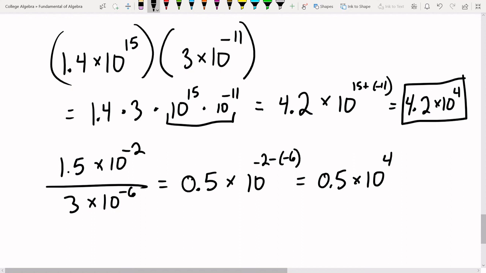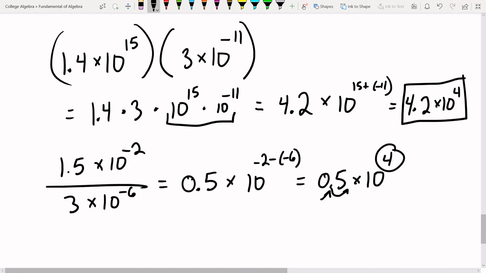This is not in correct scientific notation. That's because this decimal point is not right after the first non-zero number. The first number there is 0. So we actually need to move it. Move it one space here. Now, what does that do? That's going to end up changing the power here. And it might be confusing which way it changes it. I get confused by it.